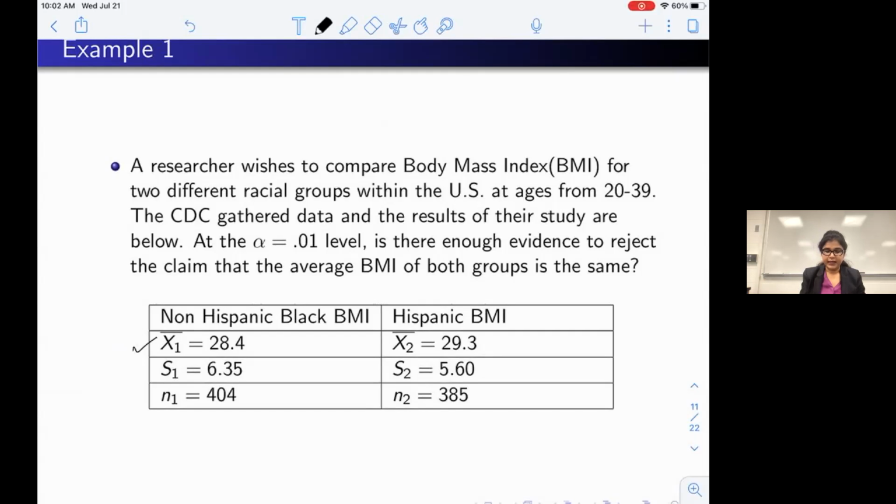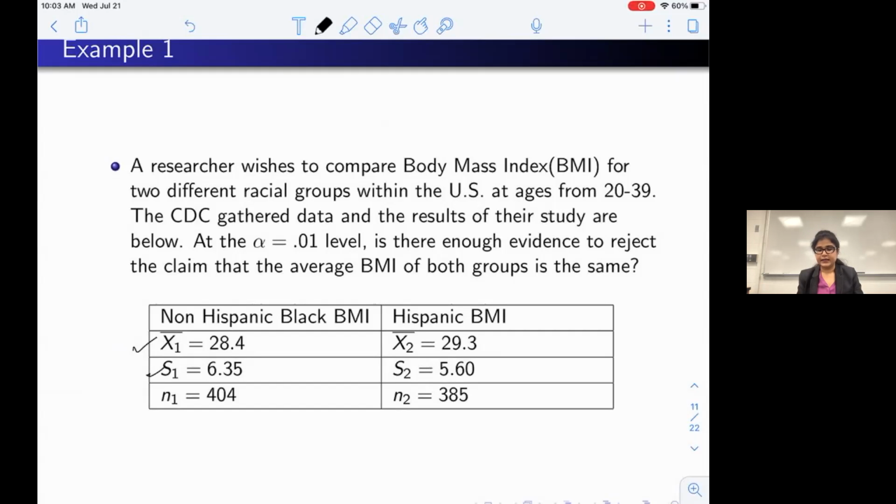Standard deviation for Black BMI is 6.35, and this is the sample standard deviation here, not the population standard deviation. You remember that population standard deviation is always written with the sigma sign. So if sigma 1, sigma 2 is written, that means this is population standard deviation. But in this case, this is S1 and S2, which means sample standard deviations.